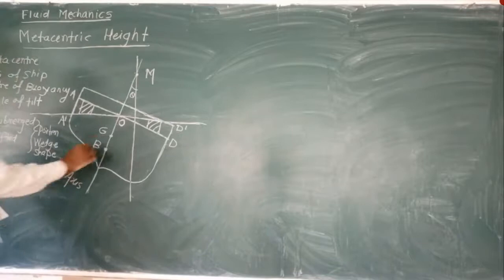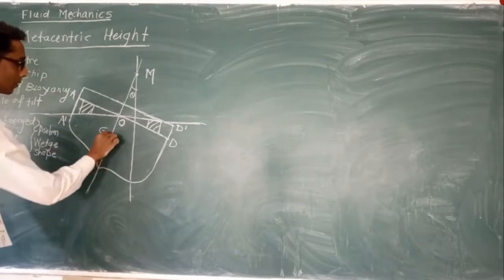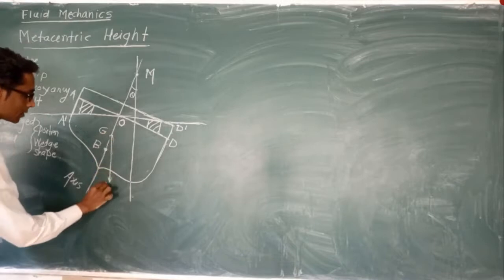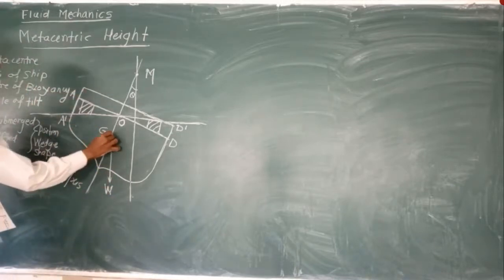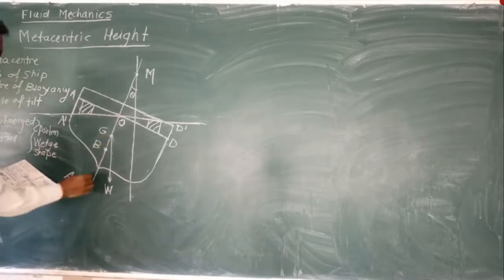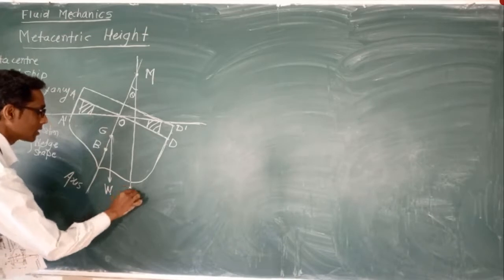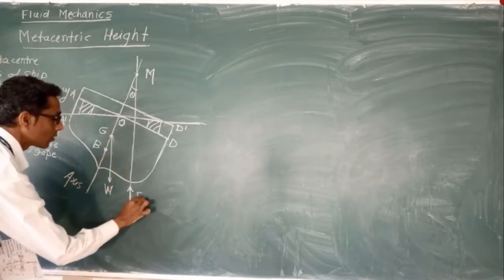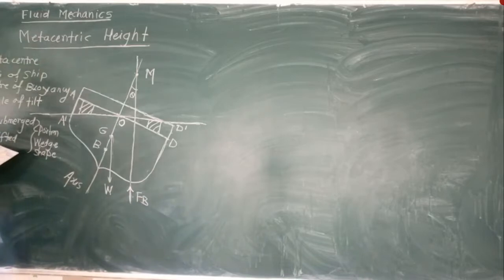So here, through this point G, this is the weight, it acts in the downward direction, and this is the line of action, the vertical line through which the buoyant force acts in the upward direction.